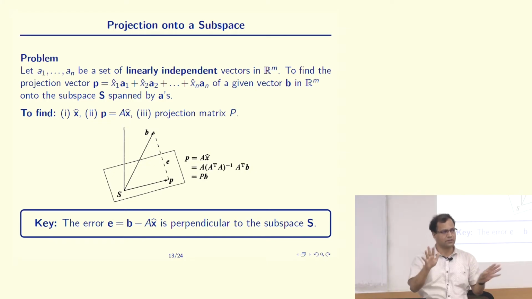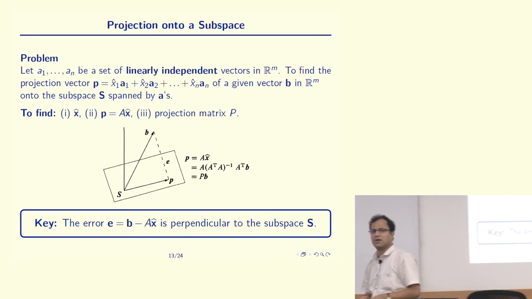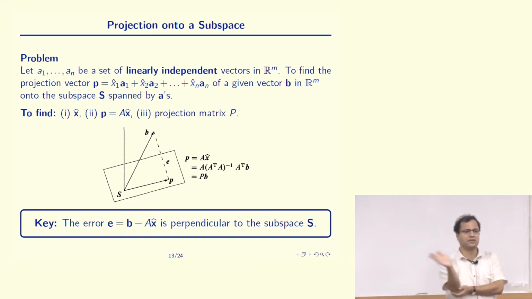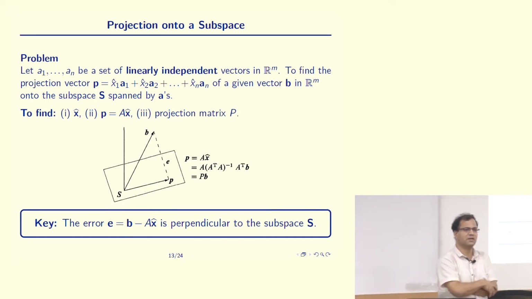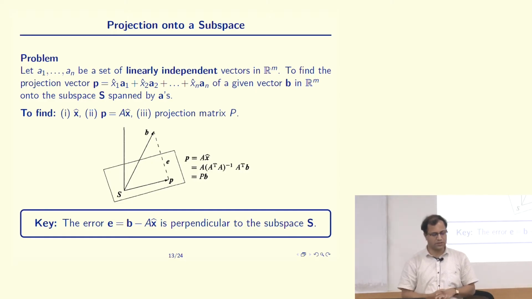You can start with linearly dependent vectors too, but later you have to find a linearly independent set. Otherwise some will be redundant, and you will not be able to find the actual dimension of the subspace. So we start with the linearly independent set A1, A2, ..., An.